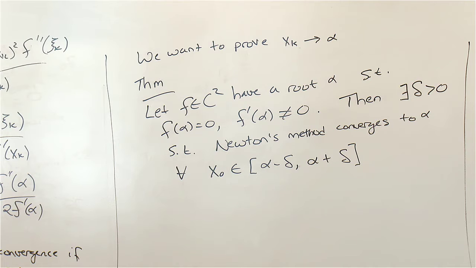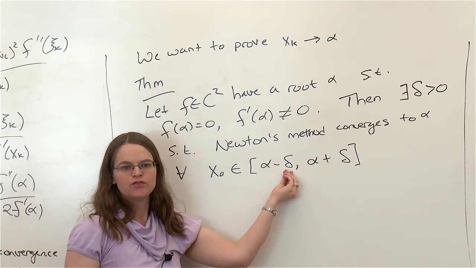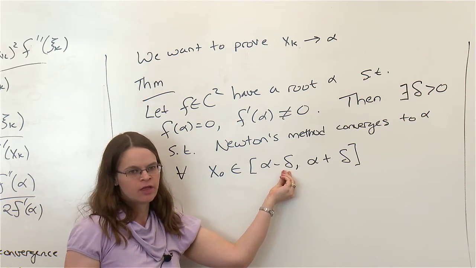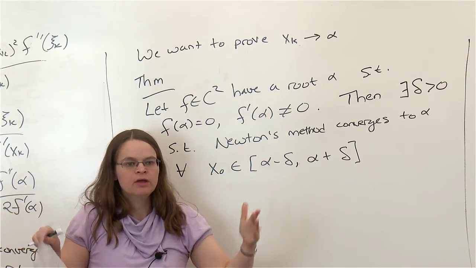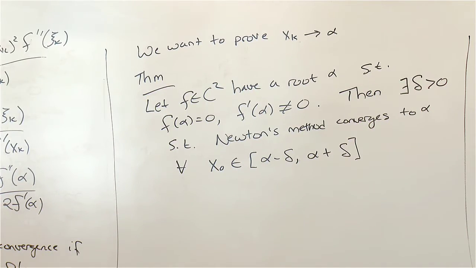Okay, so delta tells us how far away from the root we're allowed to start. As long as we start within this window, Newton's method is fine. If we start outside the window, then we don't know.